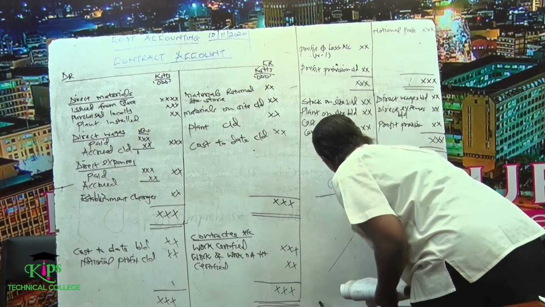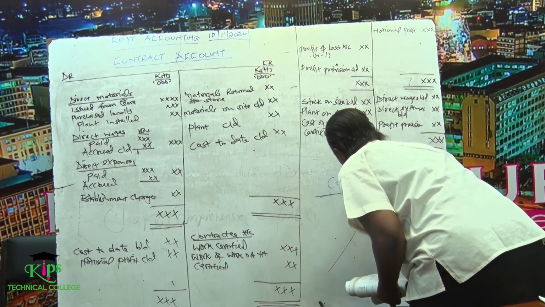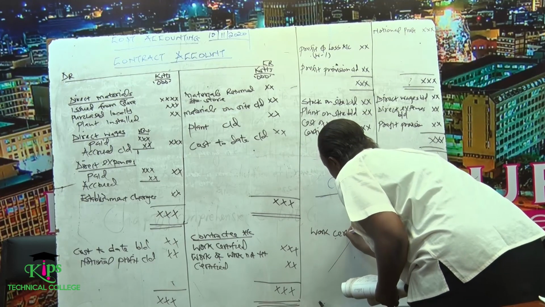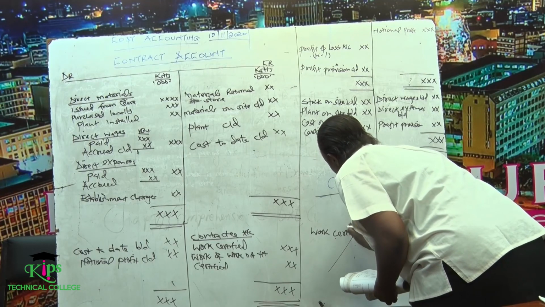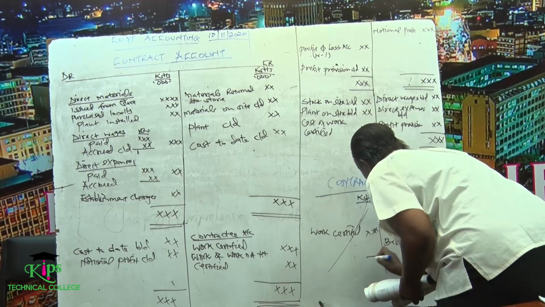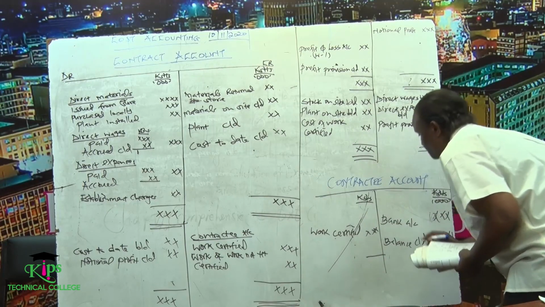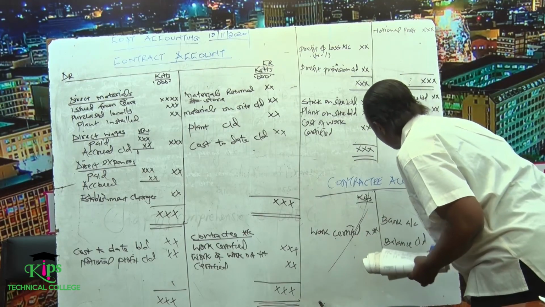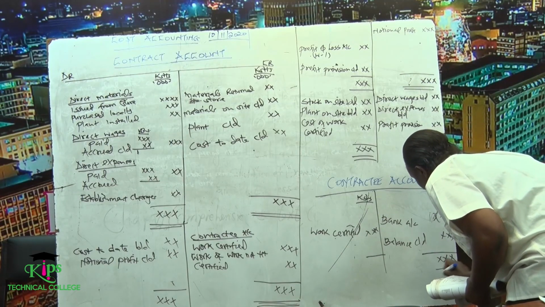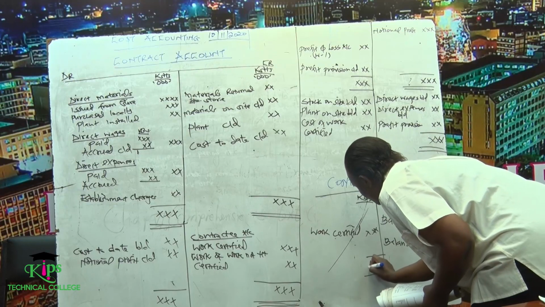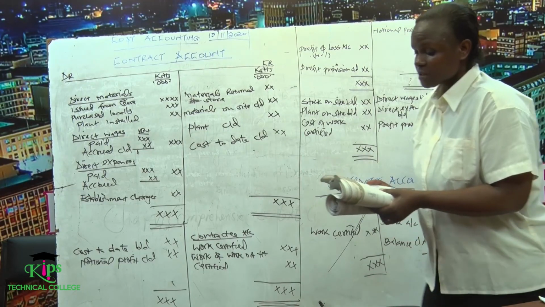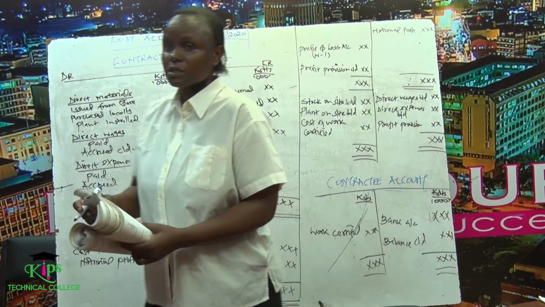Then the work certified, the amount which is going to be paid, you write on the debit side. The difference between bank account and work certified is the balance carried down, so they must be equal. In our next lesson, we are going to learn about factory job costing.